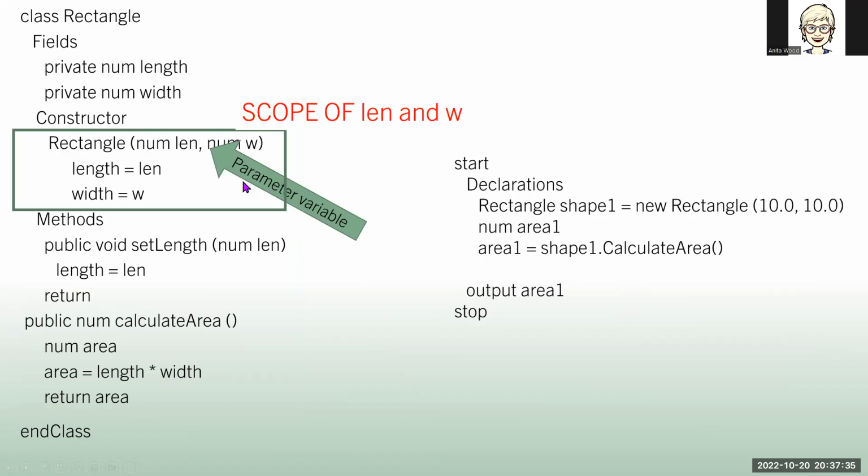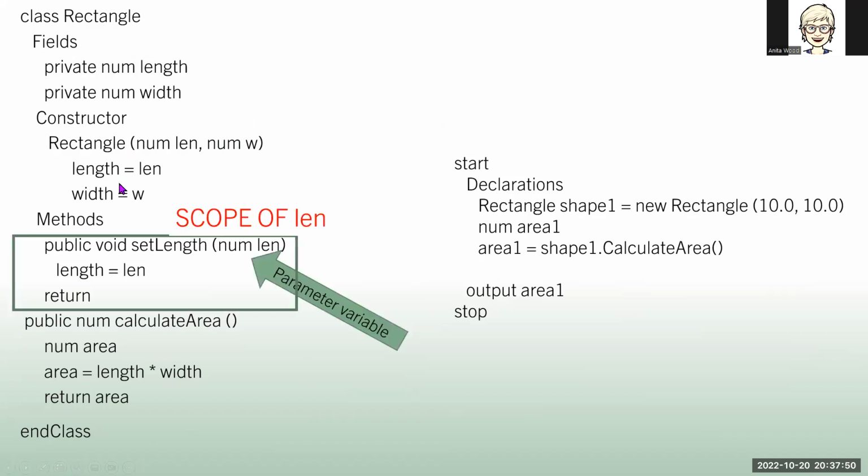I have a parameter variable for the constructor. They come in as parameters. The scope of len and w is only within the constructor, here in this method. I have another parameter variable that's coming in and being declared in the header of setLength.